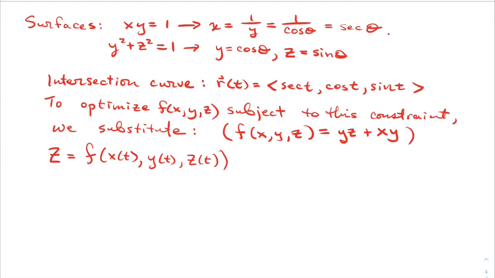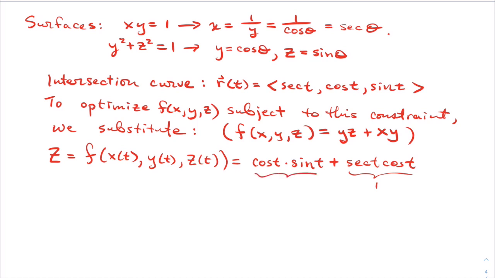So if we substitute everything in, yz is going to be cos t sine t, plus xy, so x times y is sec t cos t. Of course, the secant is the reciprocal of cosine, so that's just going to be 1.